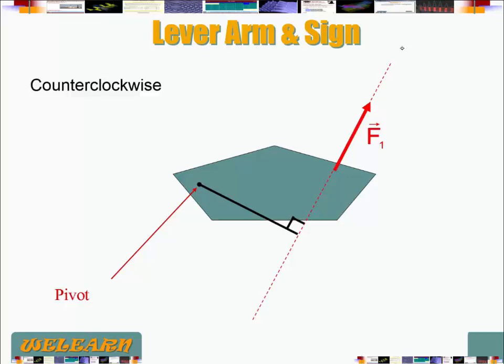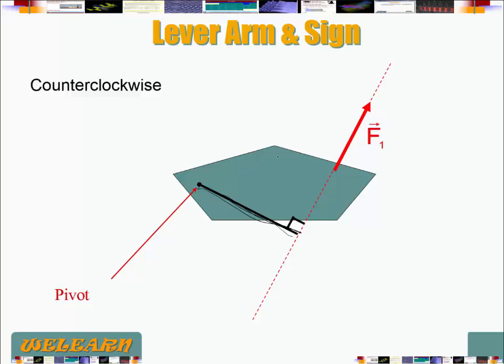The shortest distance is what's drawn here in black, the perpendicular. It has to be a right angle here. That length is my lever arm.